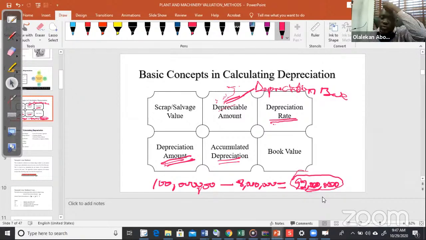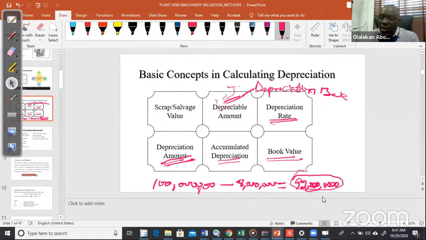Now, what is book value? Let's go to book value. Book value represents the net value of the asset after removing accumulated depreciation. The net value of the asset after removing accumulated depreciation. That is book value.